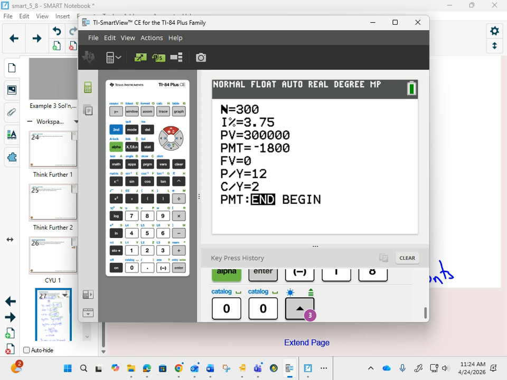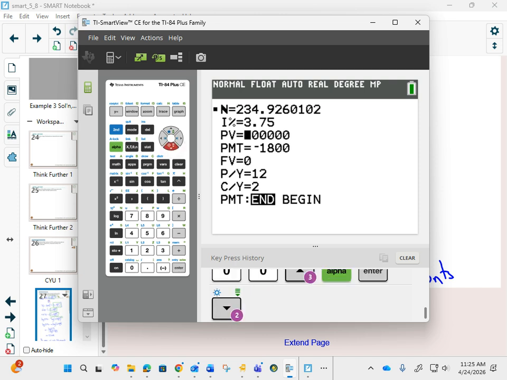It's going to reduce the amount of time it takes to pay it off. Right now it was 25 years. I can solve this right now. And I reduced it by 66 payments. That's like 5 years taken off. Not only will I own my house 5 years faster, but now I go down to 234.9, 235 payments.